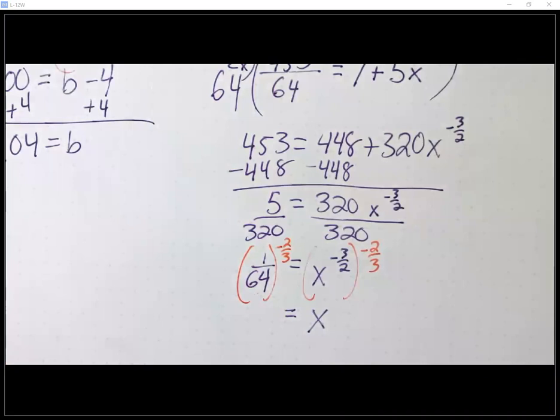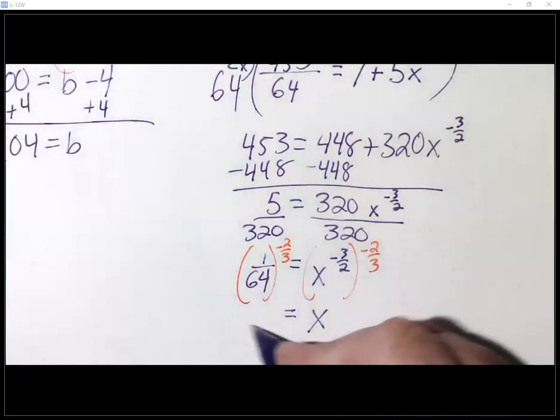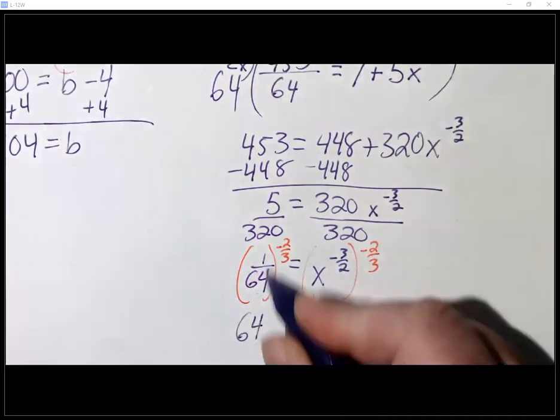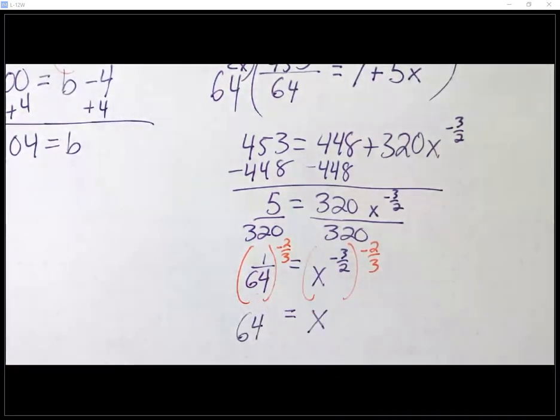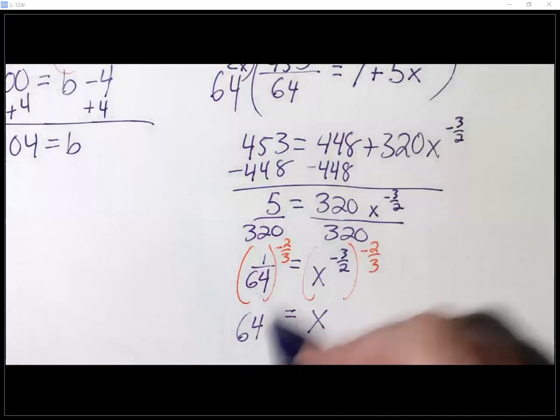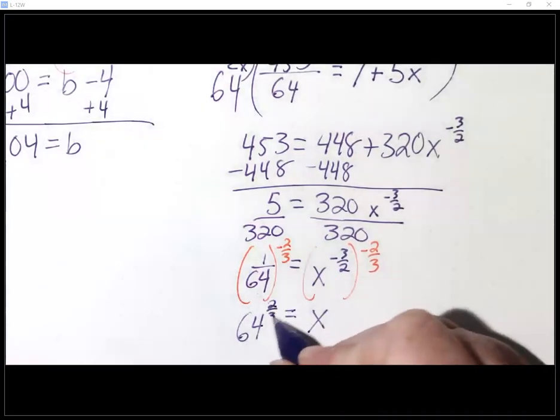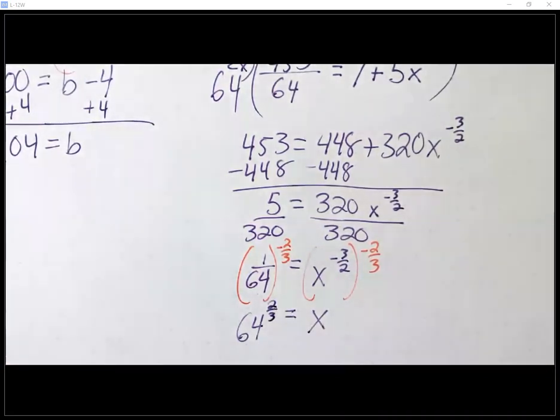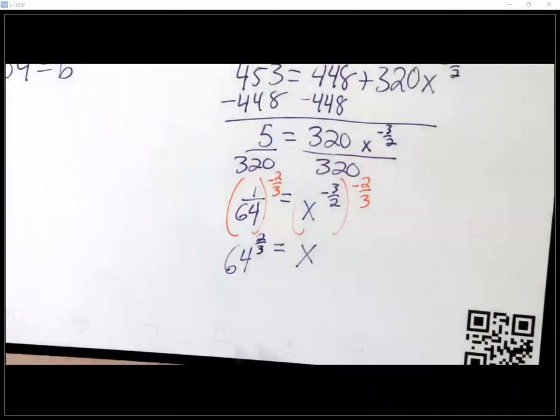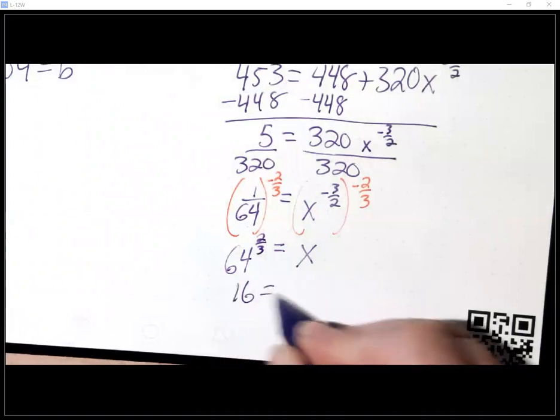That takes care of the negative part. So now I really have 64, because the reciprocal of 1 over 64 is just 64, now raised to the positive 2/3 power. And then hopefully you remember, oh, okay, so that means take the cube root of 64 and then square it. Cube root of 64 is 4, 4 squared is 16. That is my answer.